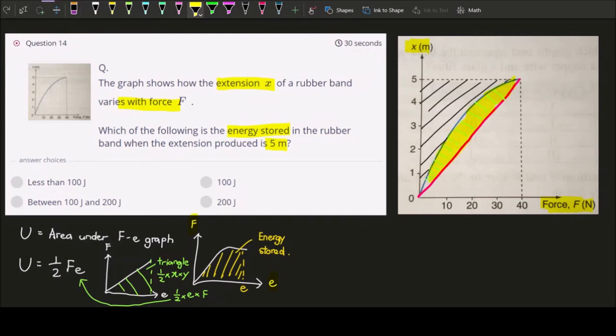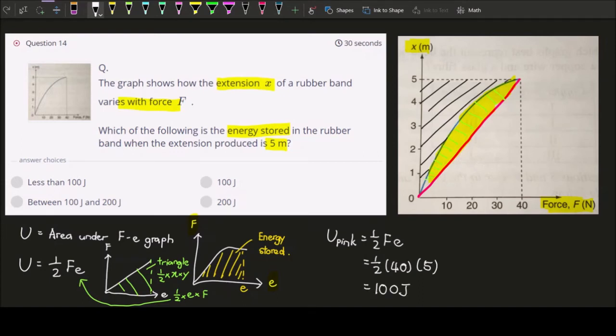But since you cannot find it, you know that it's less than the area under the graph of this pink line. The energy stored in the rubber will be less than the energy stored if the force extension graph looks like this. So let's call this the energy stored for the pink line, U equals half Fe, and the F will be 40 and your extension will be 5, so it will be 100 joule.